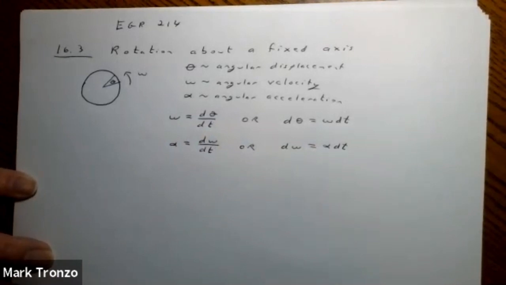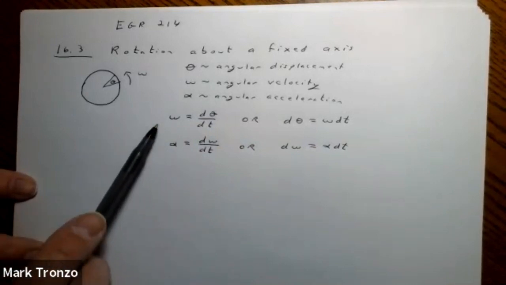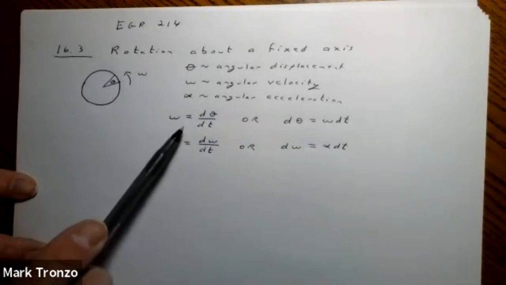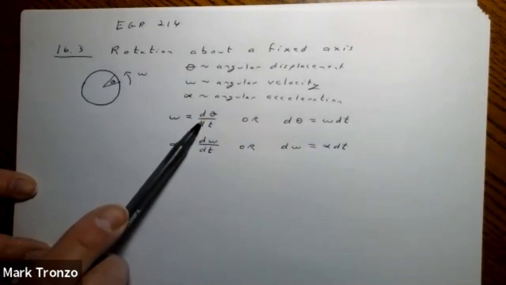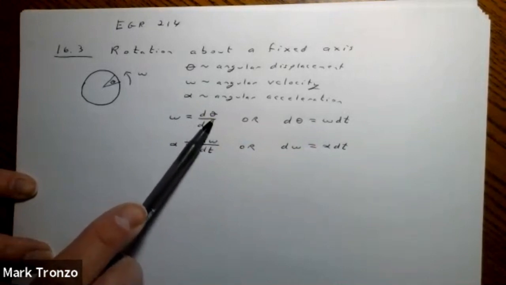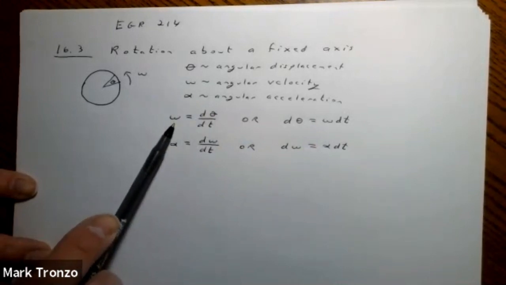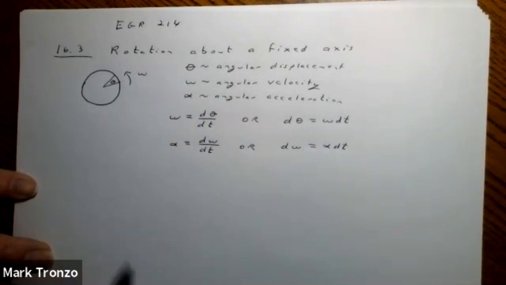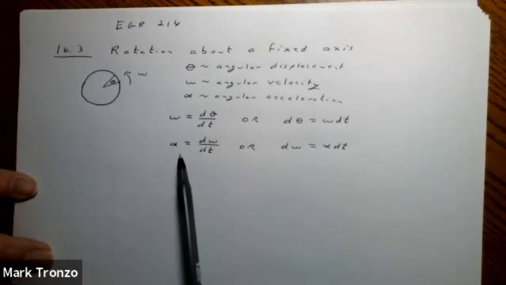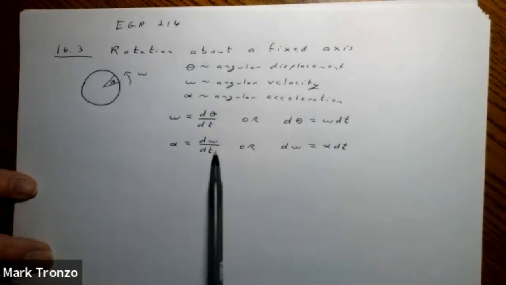Those are just the basic relationships from the derivative. We had done this a little bit previously: if you have the change in the distance, the derivative of that is always going to be the velocity, and this is just with angular terms. Same thing, the acceleration is equal to the derivative of the velocity, except with angles.